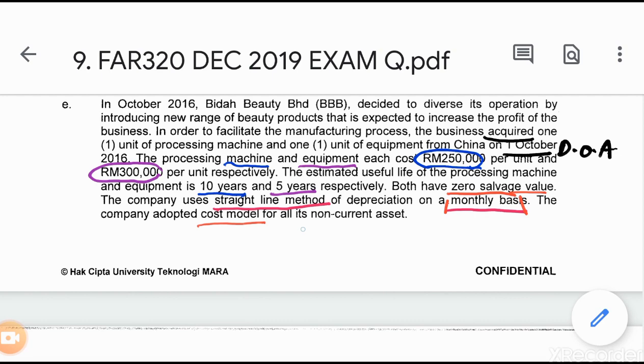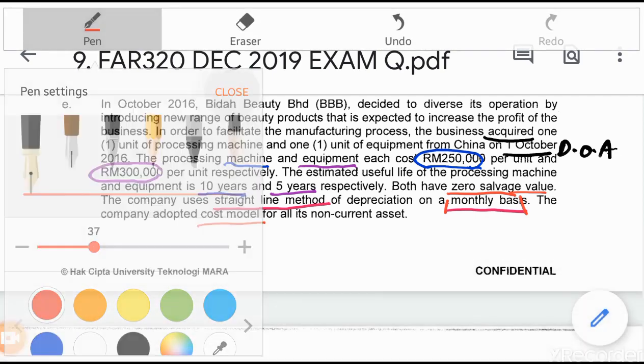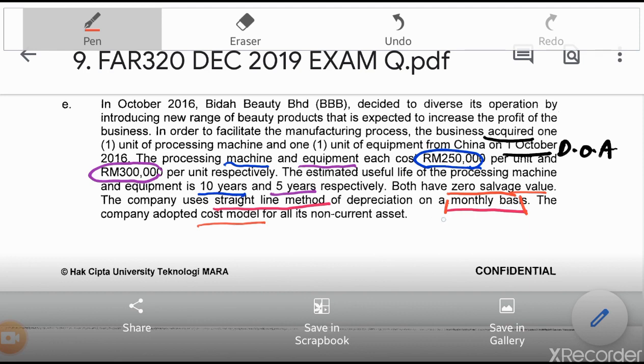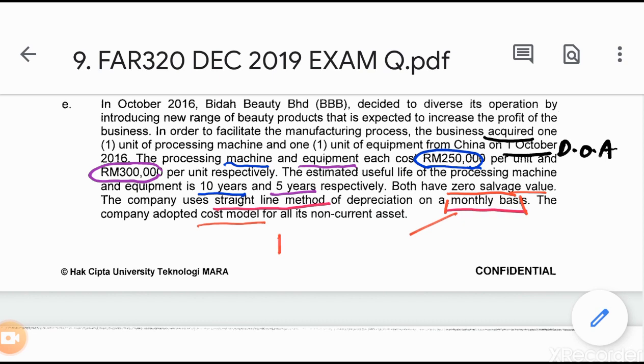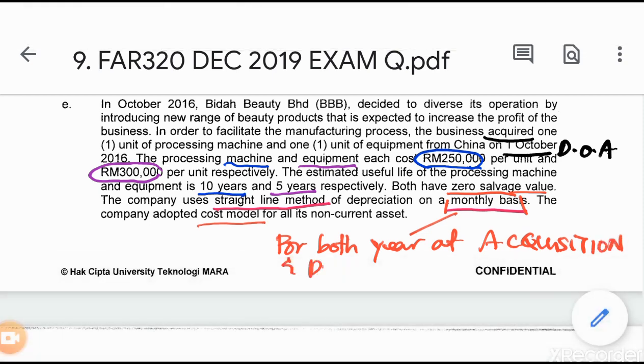Okay. So what do we mean by monthly basis again? Just to give you some ideas. It means you are going to talk about both the year of acquisition, meaning the year that you acquired or purchased an asset, and the year of disposal or derecognition.